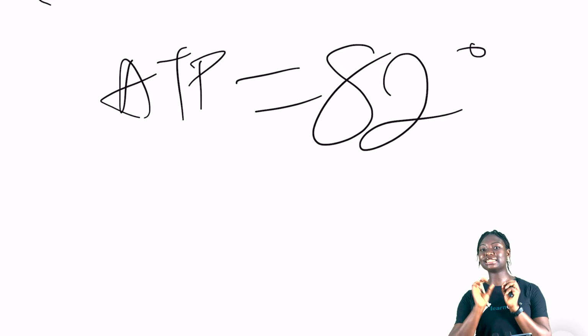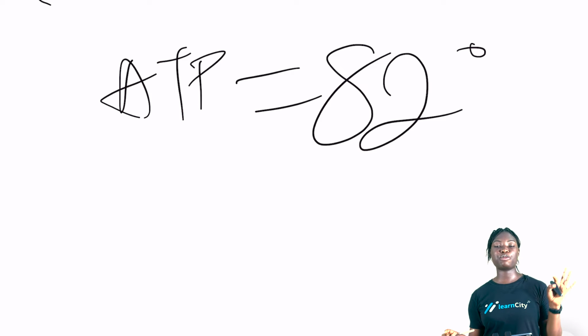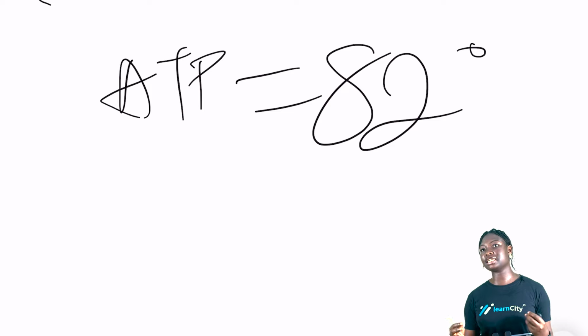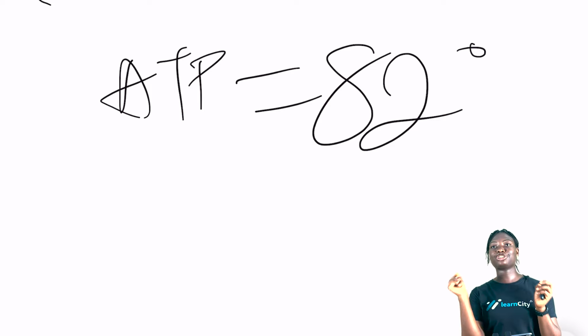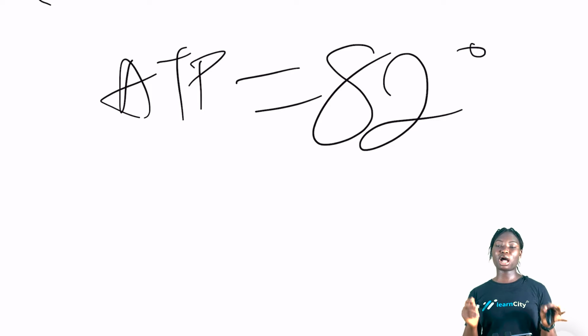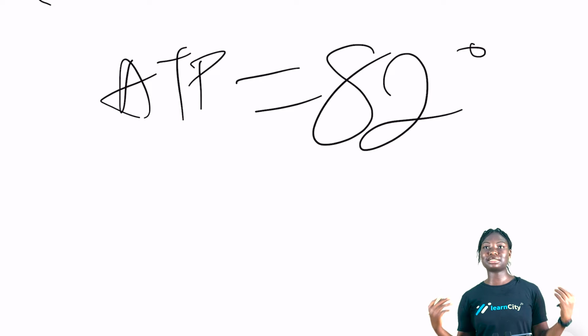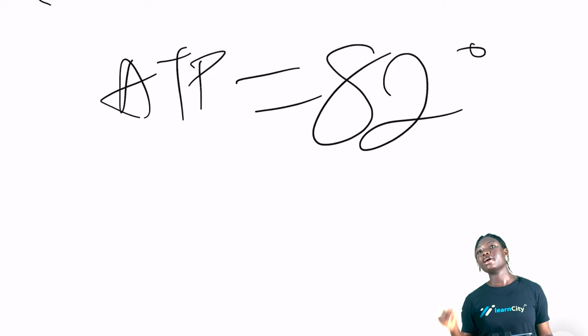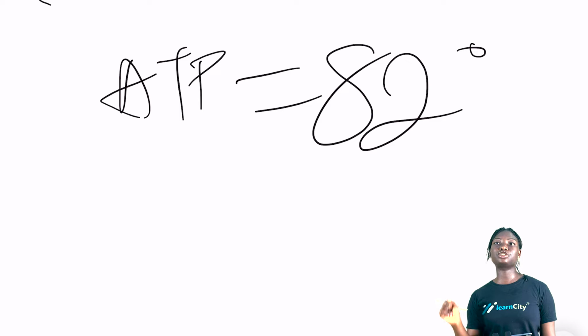We can see the diagram where we have triangle ABC inscribed in our circle, with the tangent CP, where the angle around A, C, and P is 82 degrees.